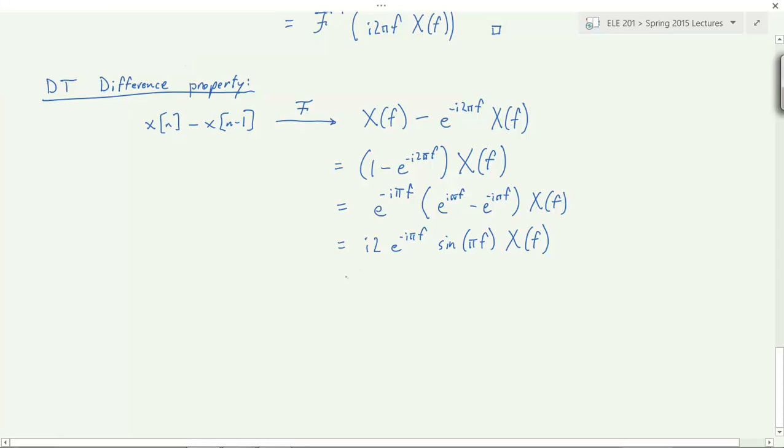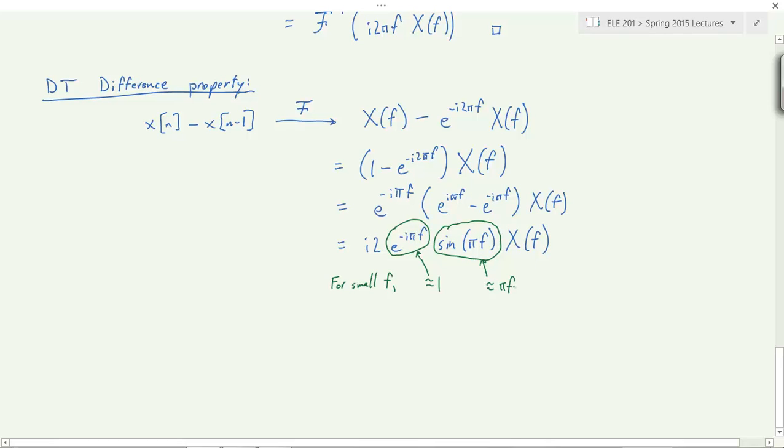Notice that for small f, at least, we can approximate this quite well. For small f, that right there approximately equals 1. If f is small, that's approximately 1. Okay. This here, sine of pi f, if f is small, that approximately equals pi f.